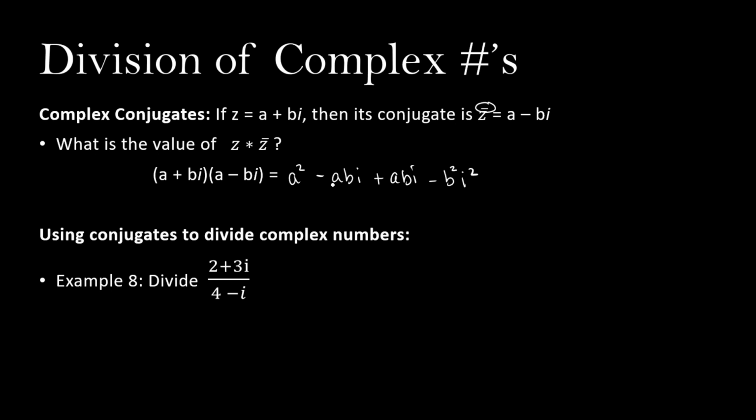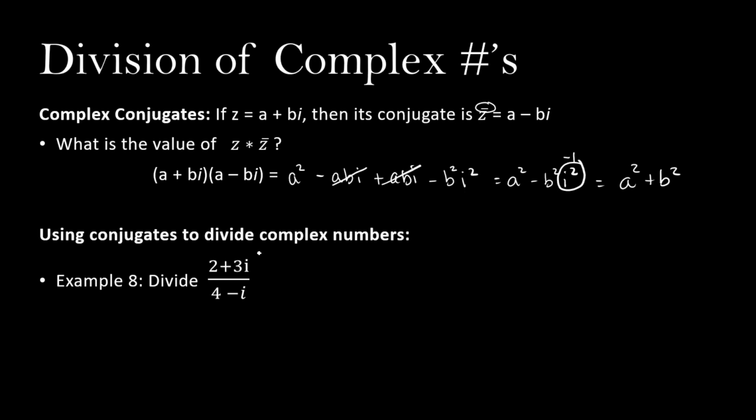So the outside and the inside go to 0. And I'm left with a squared minus b squared i squared. But i squared is a negative 1. So what I really have is a squared plus b squared. And we notice we end up with a real number. No more i's. No more imaginary part.